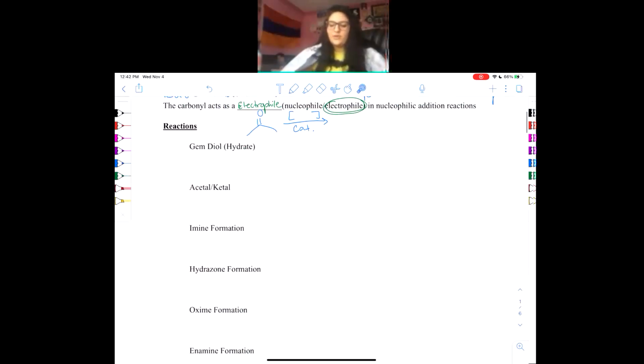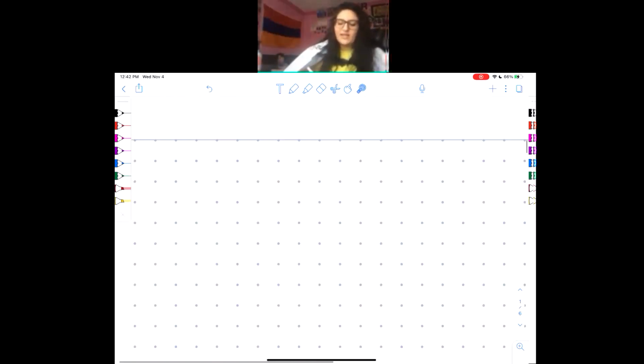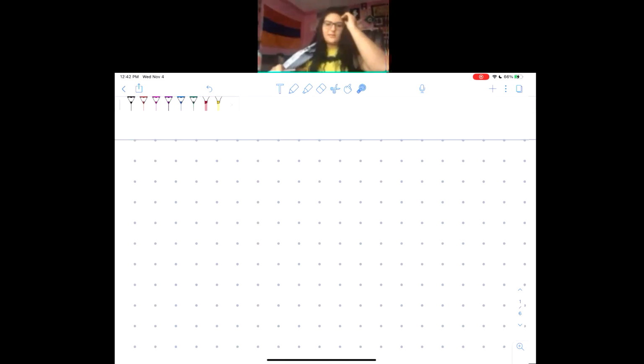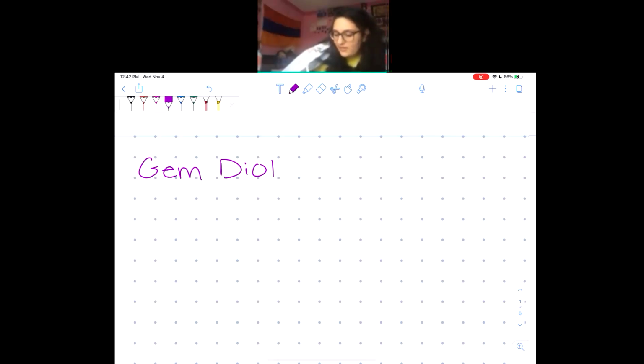And I'm just going to do all of these reactions on a separate page, just because I don't like how much space I've given myself. But I will name each reaction so nobody gets confused. So today we will probably only have time for one reaction, so we'll keep working on these on Friday. But the first one we are going to do is the gem diol reaction.